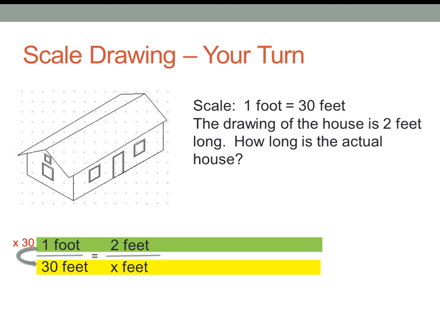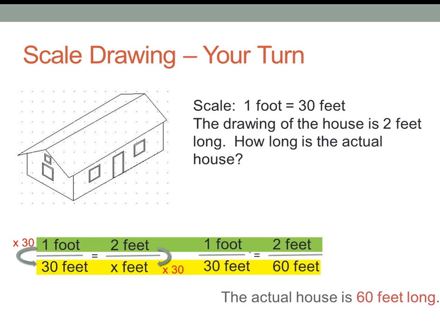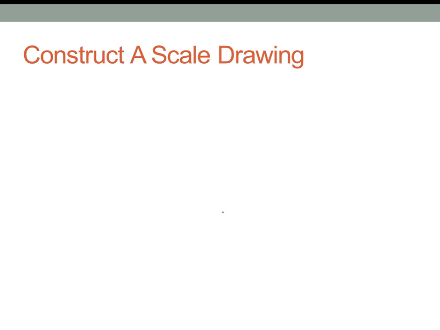My relationship I can see here is 1 to 30. Now notice the last time when I looked for a relationship I looked across. This time I'm looking down. You can do it either way. Either way works. So we find 30. Whatever I do to one side, I do to the other side. So 2 times 30 would be 60 feet, and the actual house would be 60 feet long. I hope you did well on that.